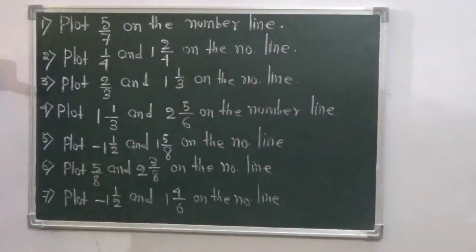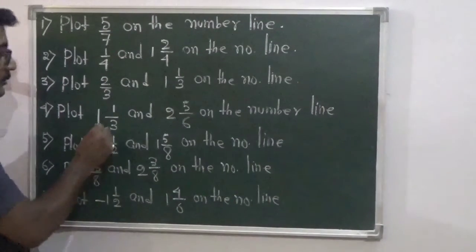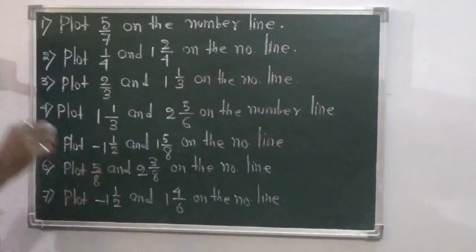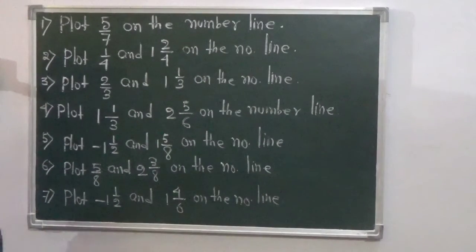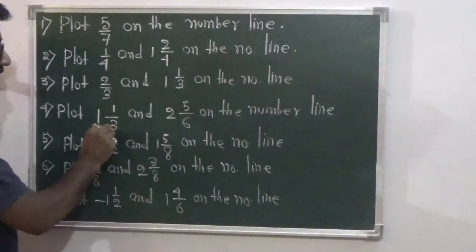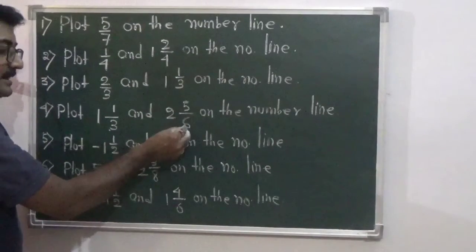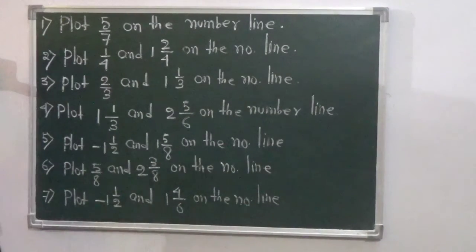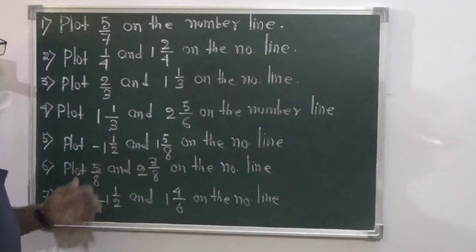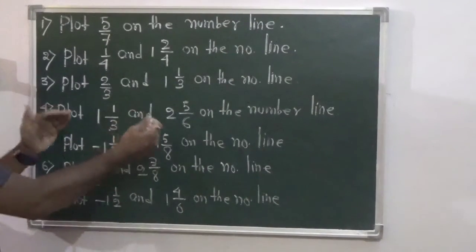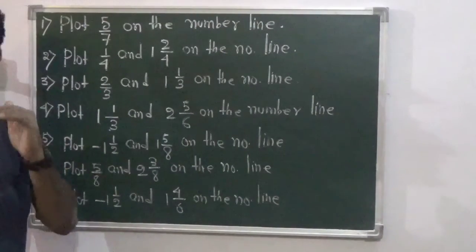So we have to make the denominators the same in both numbers. We take the LCM of 3 and 6, which is 6.